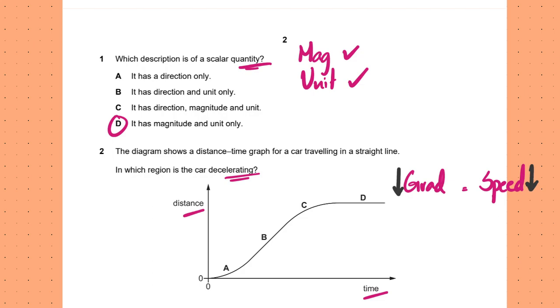You might recall this as a shape where the gradient is increasing. B is a straight line, and there is a constant gradient here. In C, the graph is flattening out, so this is actually the part where the gradient is decreasing. And D is the part where the gradient is 0, so the speed is 0. So this means basically that the object, the car, is at rest.